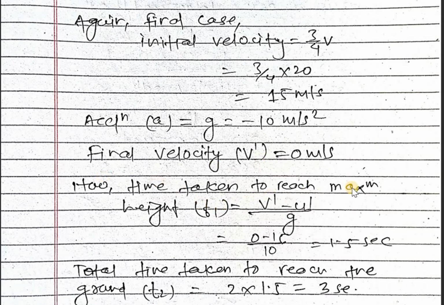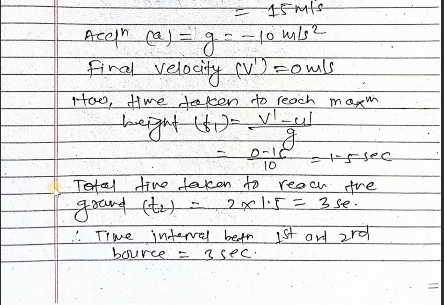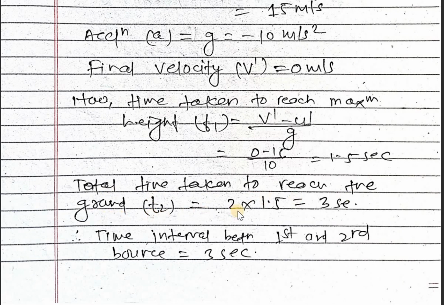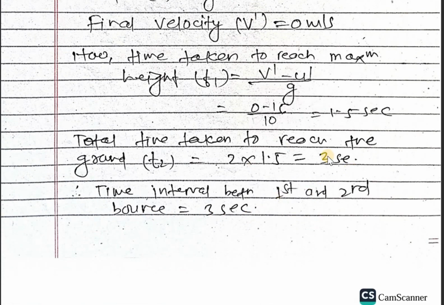And now the time taken to reach the maximum height t1 equal to v dash minus u upon g, that is 0 minus 15 upon minus 10, so 15 by 10 is 1.5 second. Total time taken to reach the ground t2 equal to 2 into 1.5, it rebounds, so 2 multiplied by 1.5, that is 3 second. And time interval between first and second bounce is also 3 second. This is the time interval between first and second bounce.